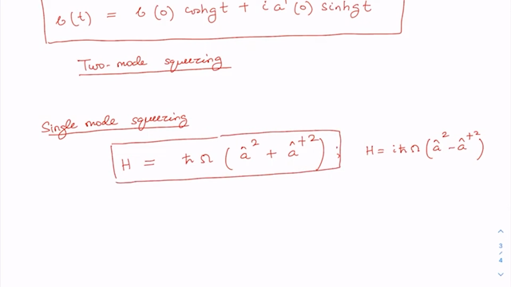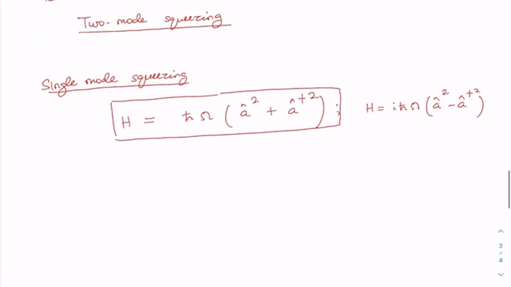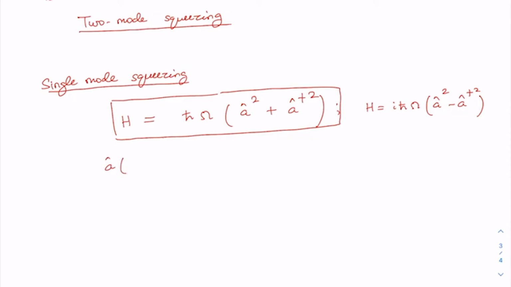Then if you write down the Heisenberg equation of motion and solve it, you can show that the solution is going to be a of t is equal to a of 0 cosh r, where r is the squeezing parameter, plus a dagger 0 sinh r.